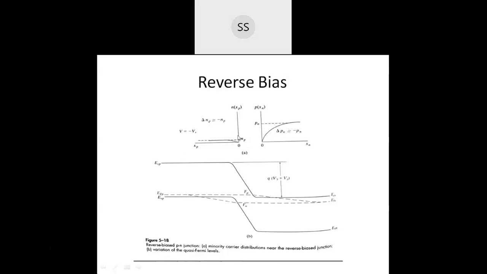Therefore, these are the edges immediately present at the junction. Here we have the neutral regions. Far away from these edges, we have the neutral regions, and in the neutral regions there are no such electrical activities. We are concerned only with the junction. At the junction, what is happening? How the minority carrier distribution is happening. That's all.